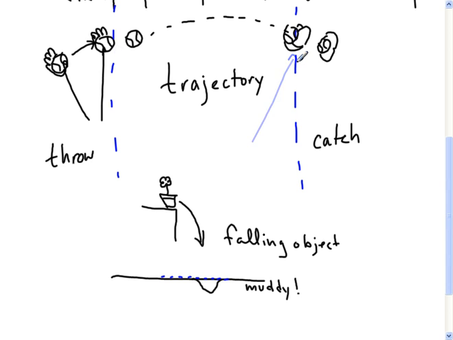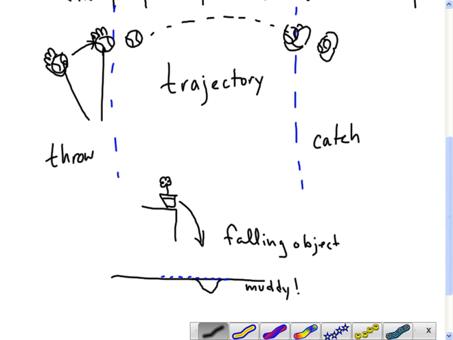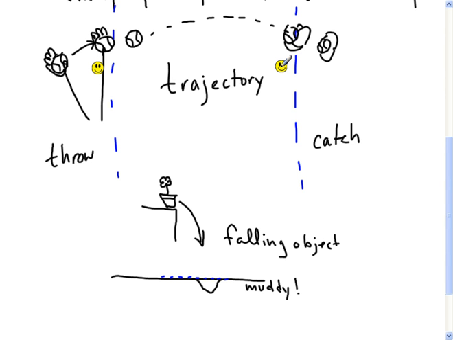And there's always one thing that you want to know at that place. I'm putting a happy face here because that's what you need to know. You want to know the speed right there.